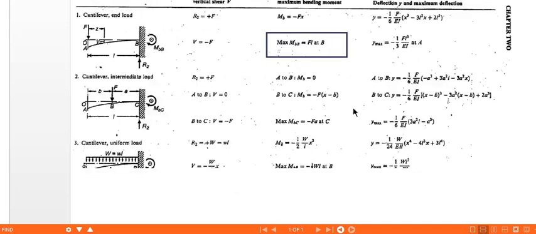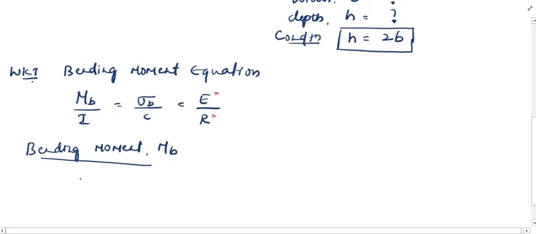Since it is a cantilever beam with the end loaded, the equation to be used is MB max is equal to F into L at location B. So that is the bending moment. Here the bending moment MB is equal to force into perpendicular distance.